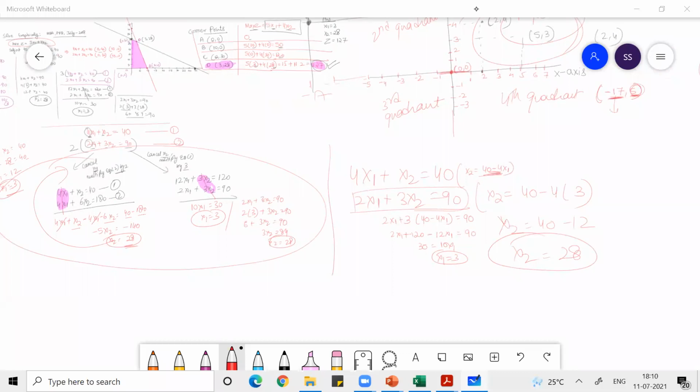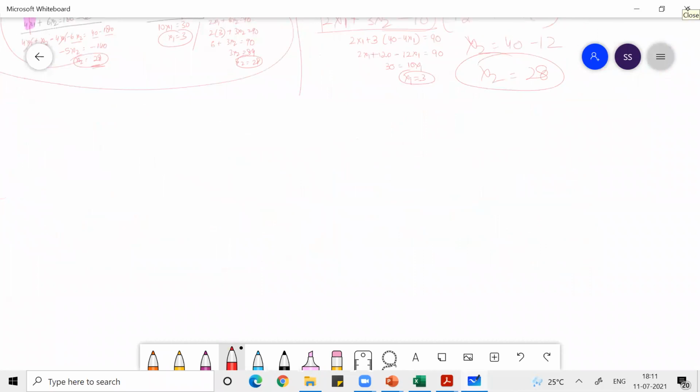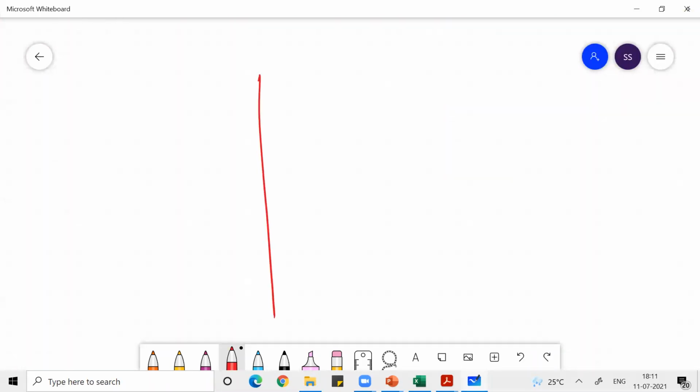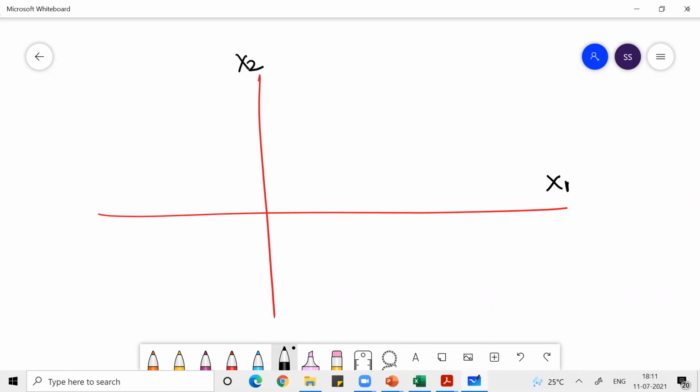Okay, now coming back to the next question. Shane has asked how to formulate the coordinate 0, 40, 10, 40. So here, guys, I took the horizontal axis as x1 and the vertical axis as x2.